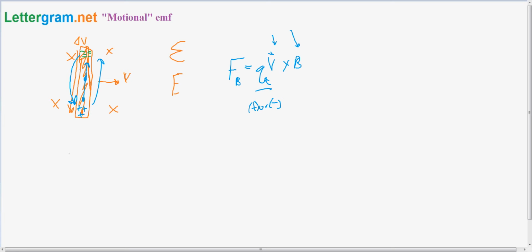The motional EMF is equal to the negative of the rate of change of flux. This is from a previous video, from Faraday's law, which I also went over in the Faraday's law video, which I recommend watching.